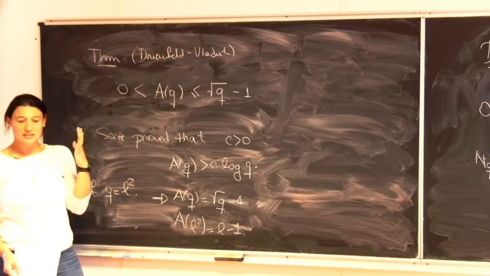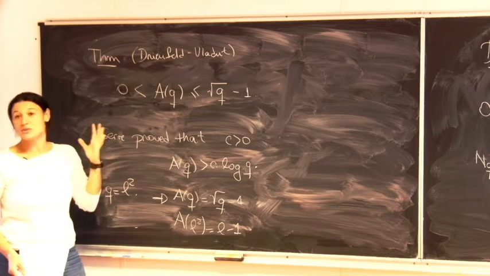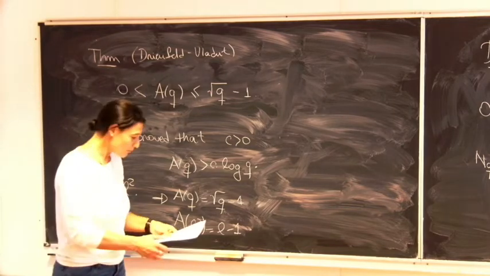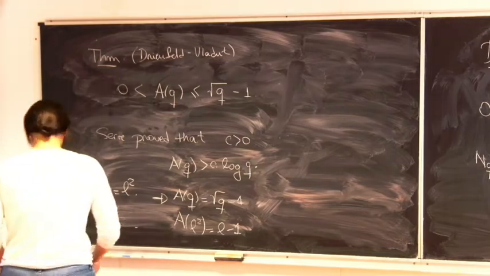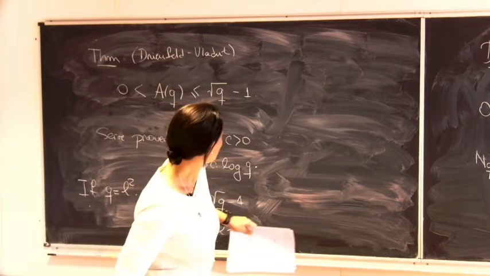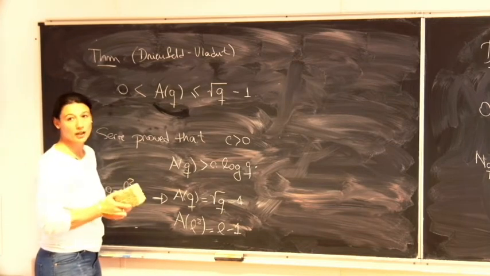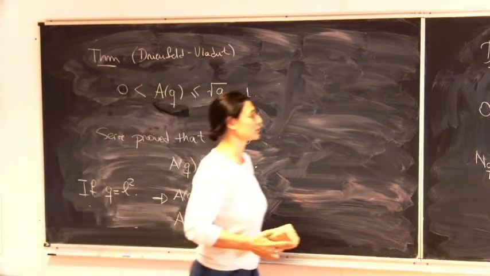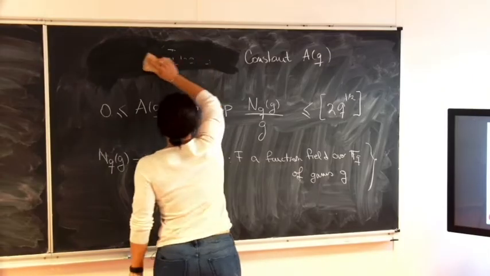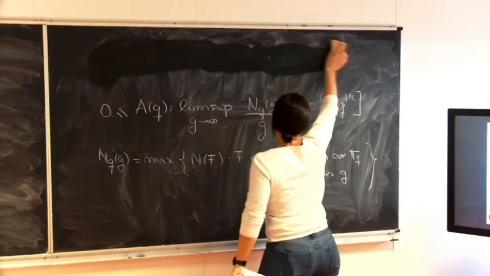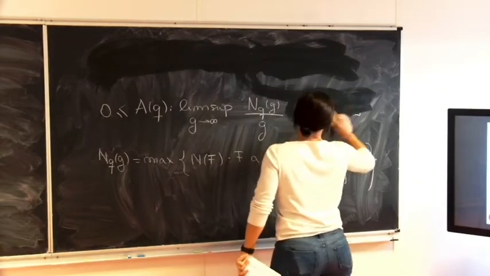And what does all of this have to do with codes? Well, the thing is that if we can find a lower bound for this Ihara constant, then we have a lower bound for the Manin function. And that's why we care about this.